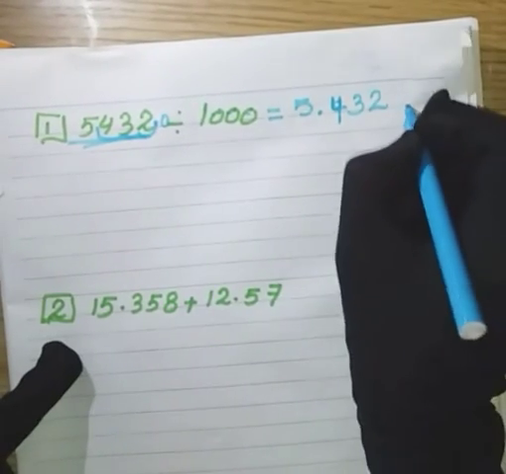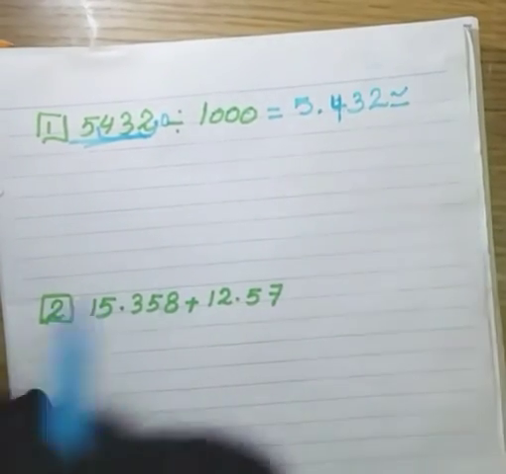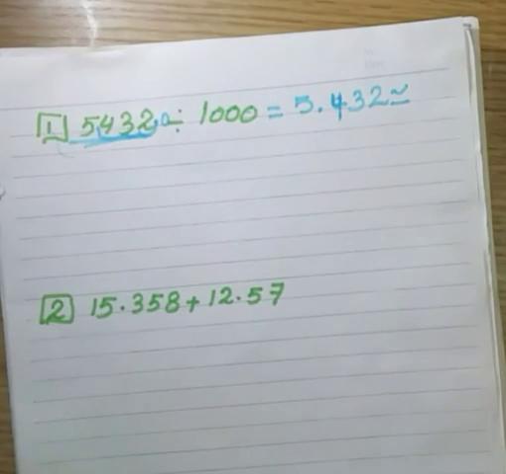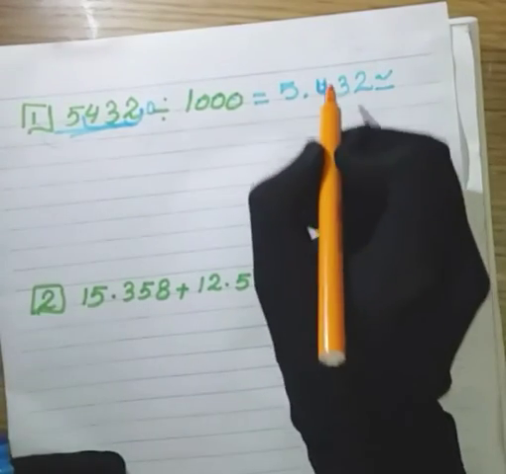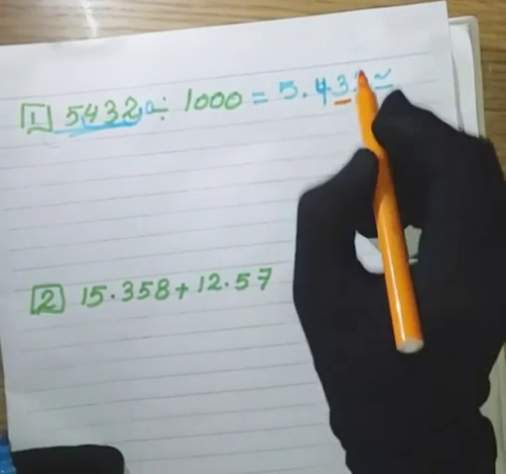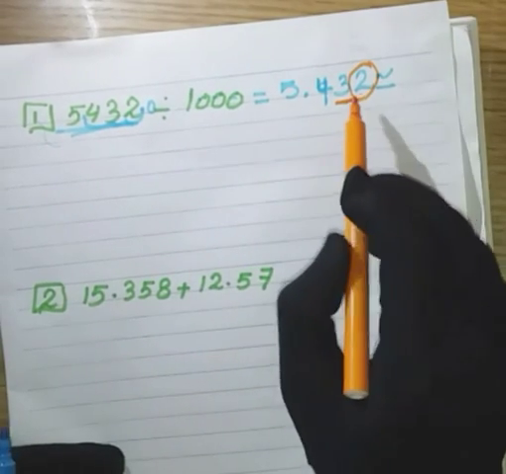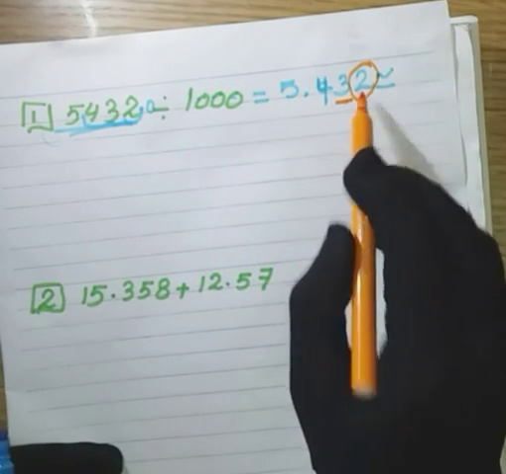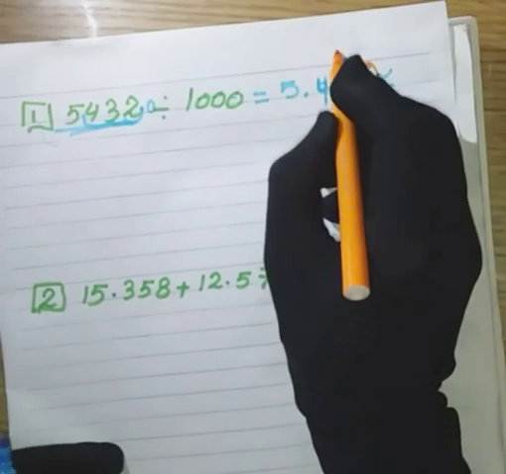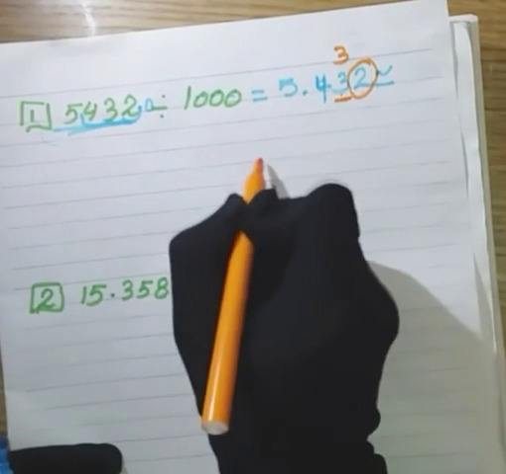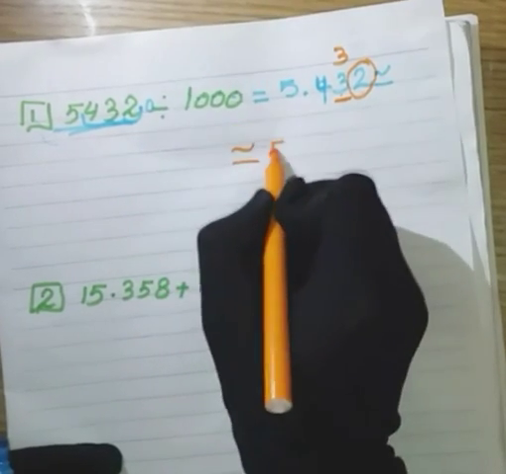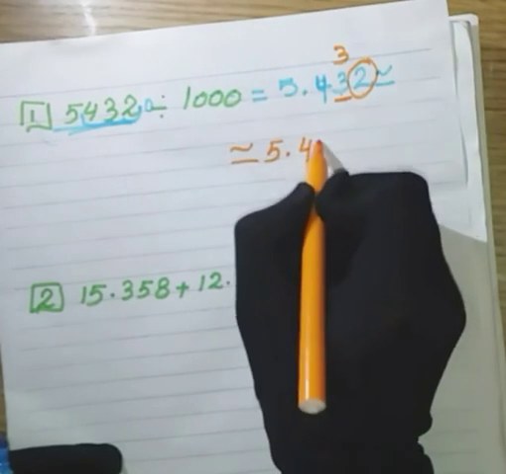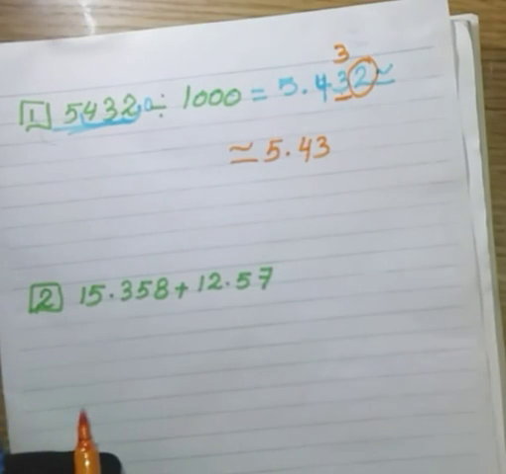Then I want now to approximate it to the hundredth place. The hundredth place here is 3. Underline 3, circle 2. Is 2 weak or strong? It is weak. So this 3 stays 3 as it is. So my answer is 5 and 43 hundredths.